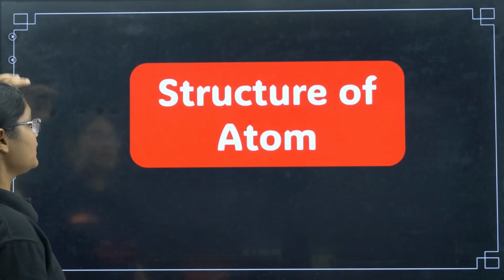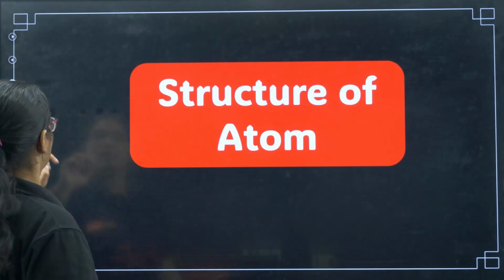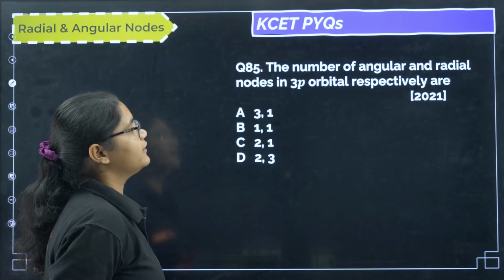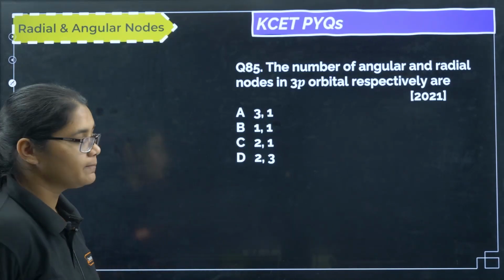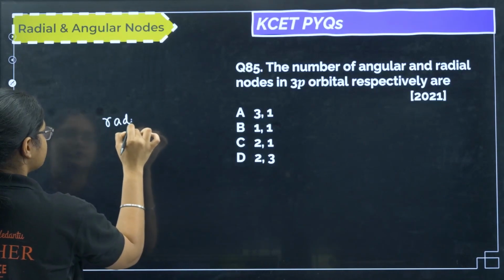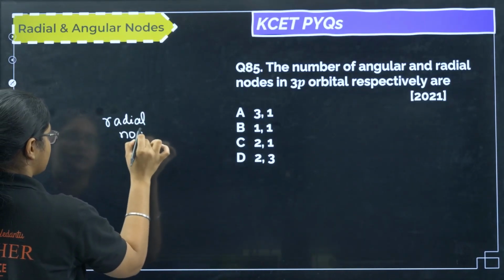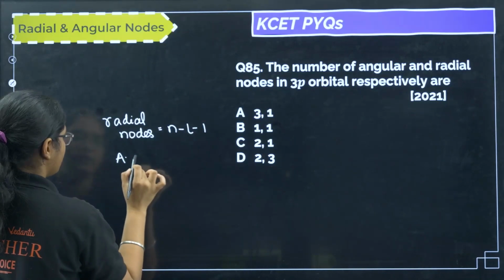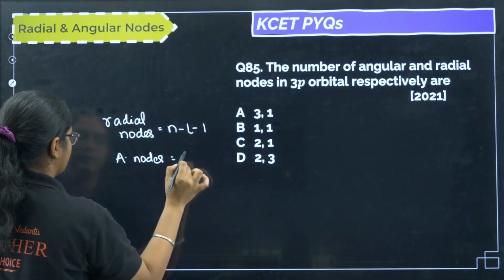Next chapter we have structure of atom. Let's see the number of angular and radial nodes in 3p orbital. So if you remember, we have the radial nodes formula. Radial nodes is equal to n minus l minus 1 and angular nodes is equal to l.